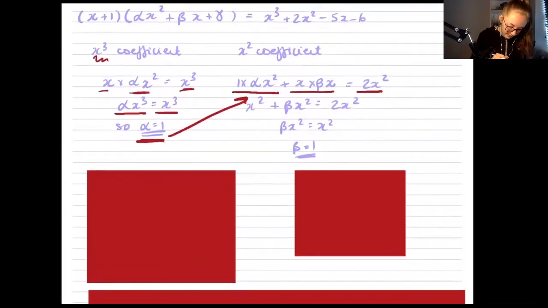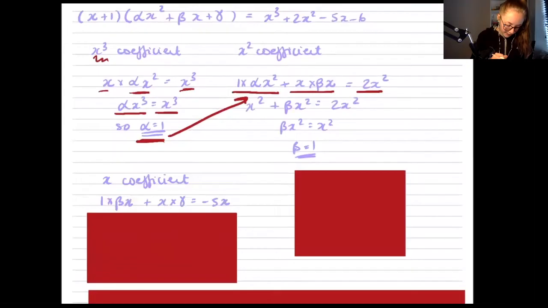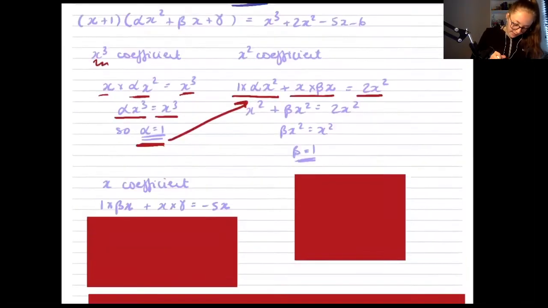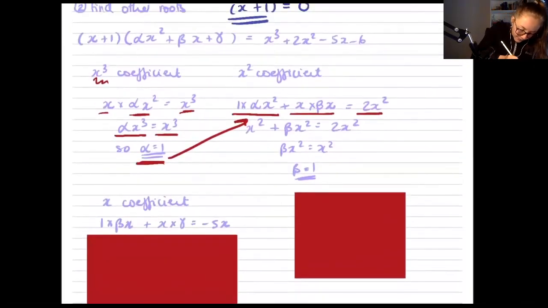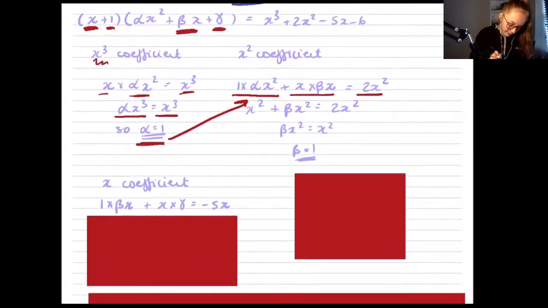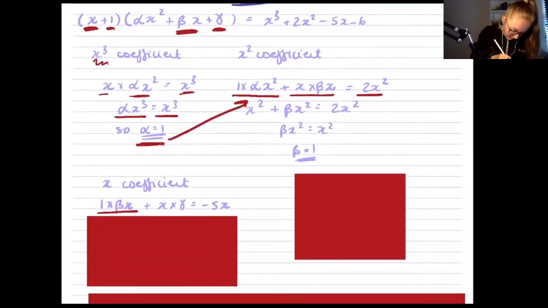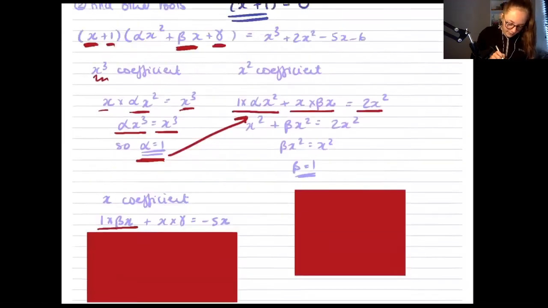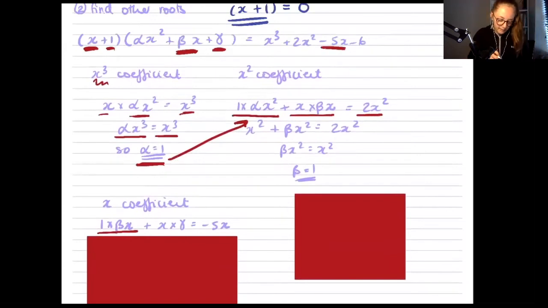So if we're looking at the x coefficient, the things that will make a singular x would be this x and this x to the power of 0, and then this 1 and this x. So we can say that 1 times beta x plus x times gamma is equal to the minus 5x from this side.